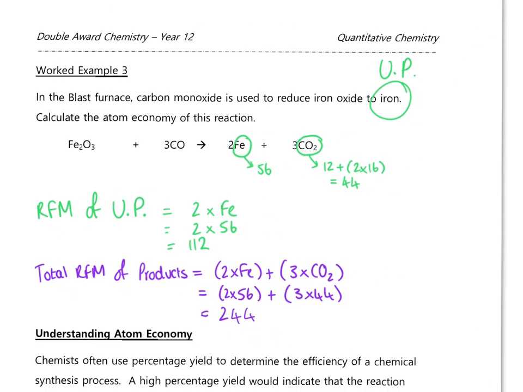Finally you work out your atom economy by doing the RFM of your useful product over the total RFM of your products. So that's 112. Maybe color code this. Do 112 over 244 times by 100%.